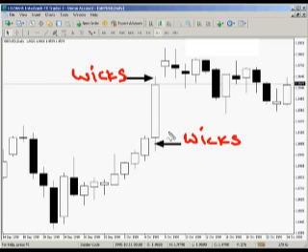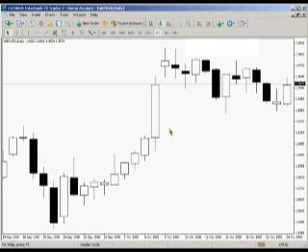The wicks. The open is lower than the close if the candlestick is up. I'll use this one here. The open is higher than the close if the candlestick is down.